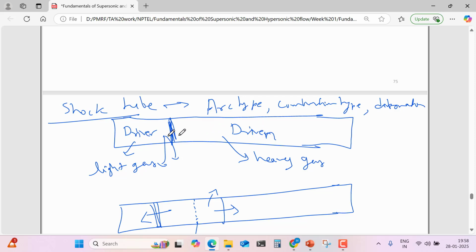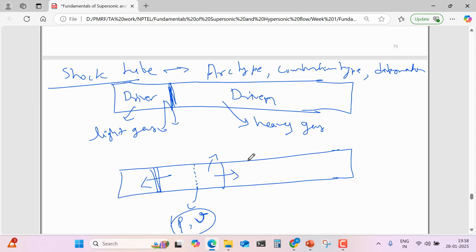Generally, these two are filled at different pressures. Let's say you know the pressure here and you know the pressure in this section, you can find the relation between the pressure ratio. Let's say this is 1 and this is 4. This numbering is generally universally accepted, and everywhere we use the same numbers. So this 1 will become 2, and this will be 3, and this will be 4.